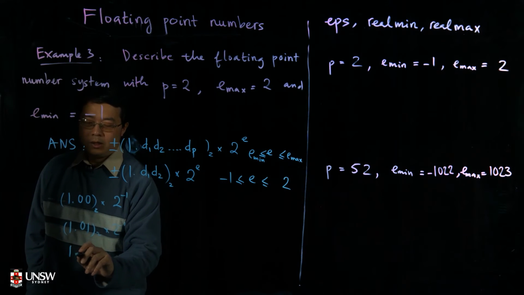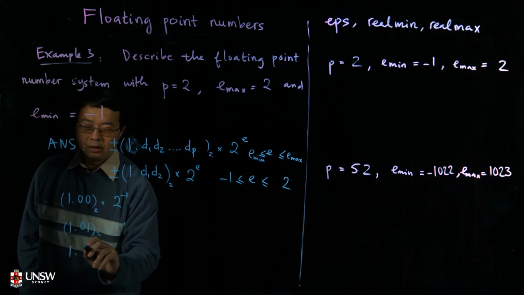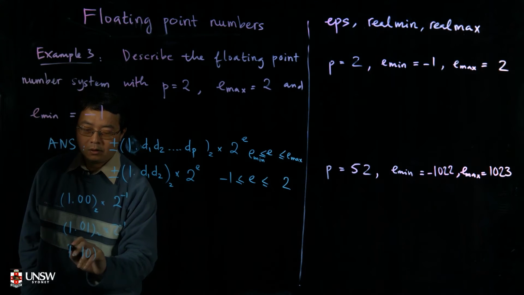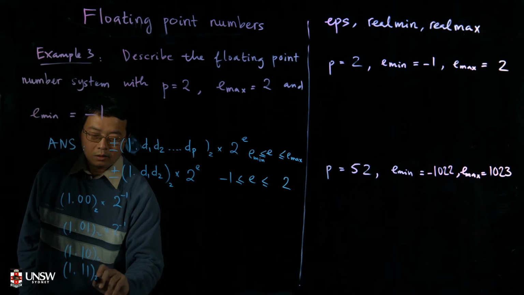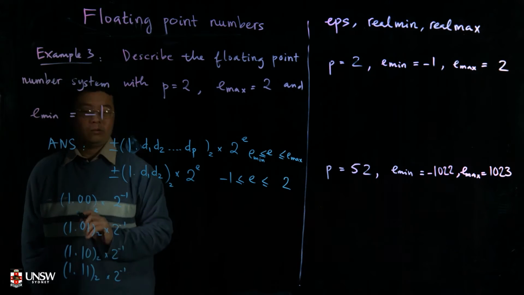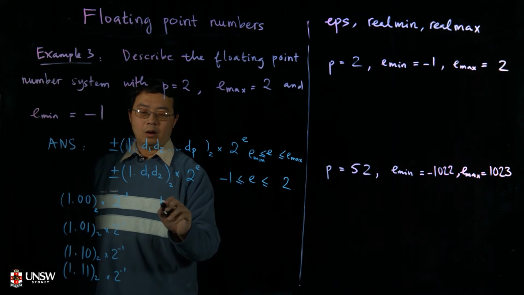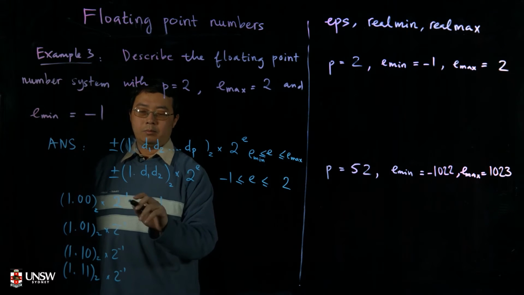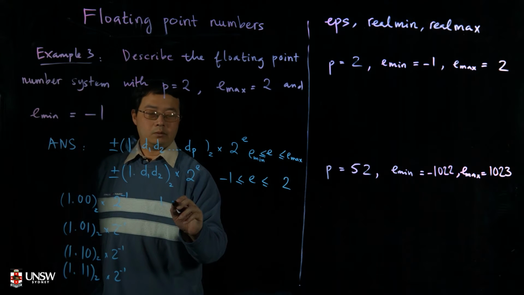So how many possibilities can we have? We have 0, 0 here, 0, 1 here, then 1, 0, and 1, 1, and the power is still -1. You can do the same for power 2 to the 0.